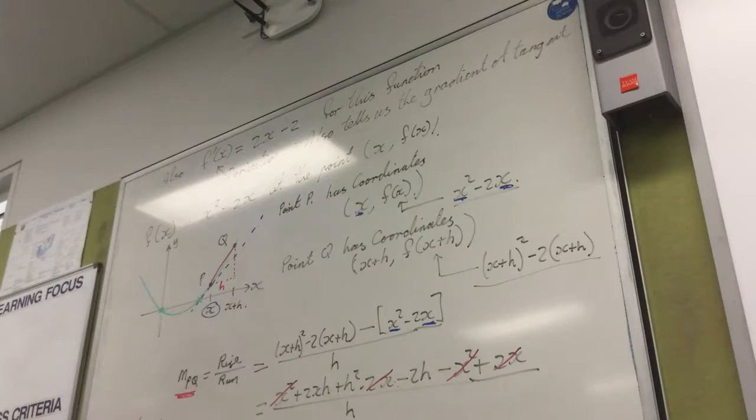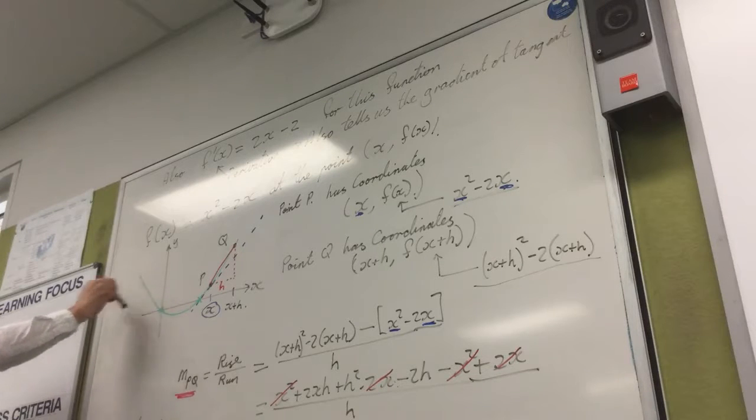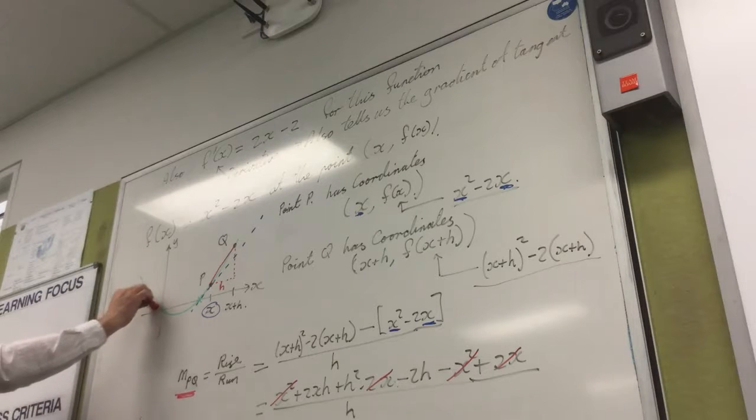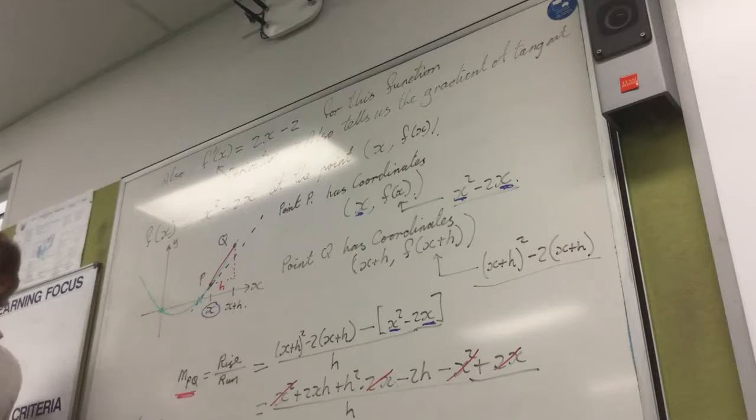So what is the use of the tangent? Well, because we want to accurately know what the gradient of the curve is at some point. It depends on where your tangent is. Every different point has a different tangent, and that tangent has a different gradient.